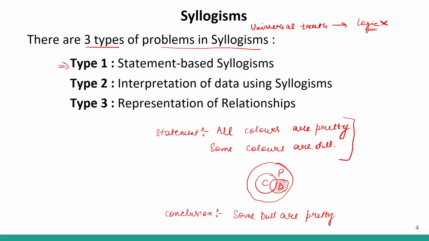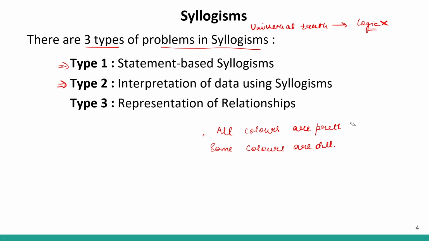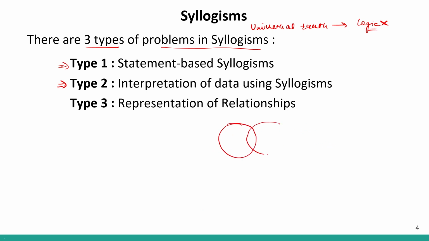Then we have interpretation of data using syllogisms. For example, interpretation of data means, let's say this is given to us. We are told that this represents men, and this represents police.